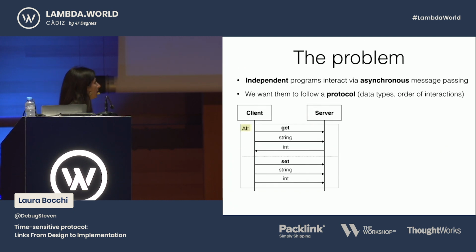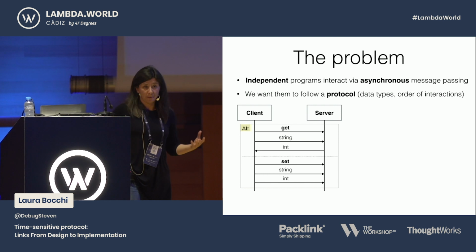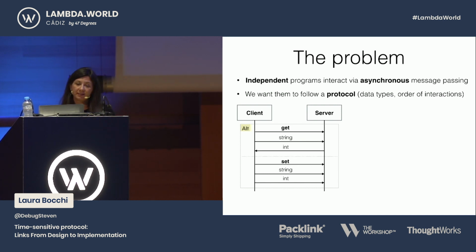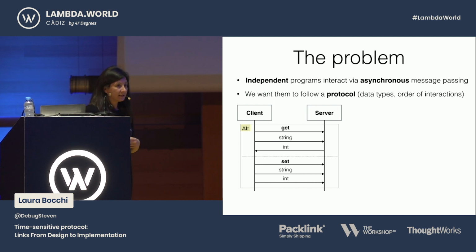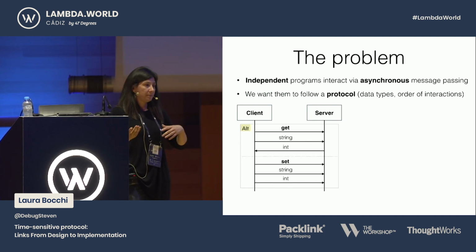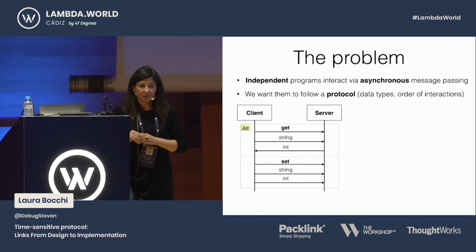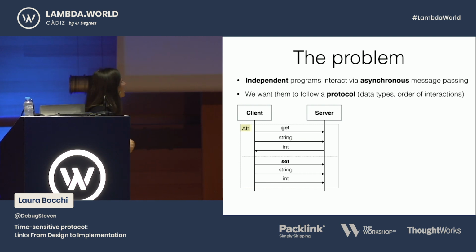The problem that we are looking at is a distributed system. In this distributed system, we have independent programs that run and perform some tasks and interact by communicating via asynchronous message passing. So they exchange messages asynchronously.